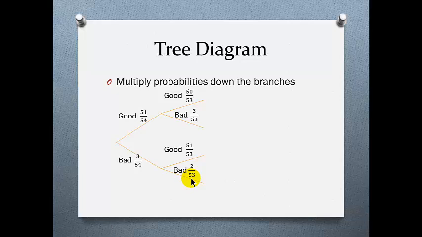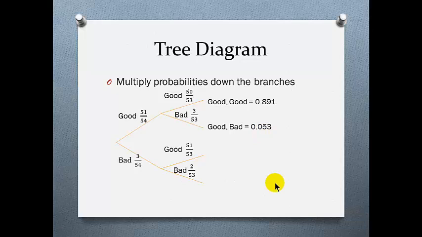So if we want our total probabilities of each outcome, to get our good outcome, we multiply 51 out of 54 times 50 out of 53. Good, good happens 0.891 of the time. For good, bad, 51 out of 54 times 3 out of 53, multiply the probabilities, and that happens 0.053 of the time.